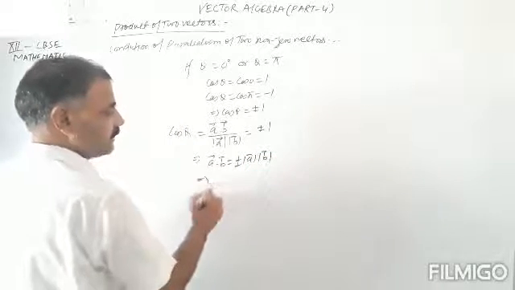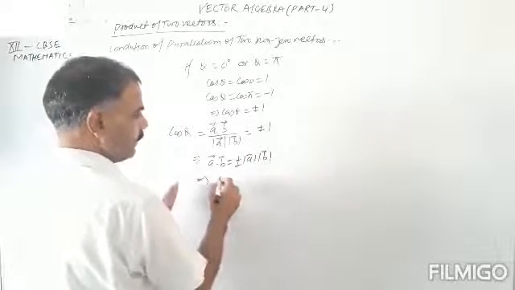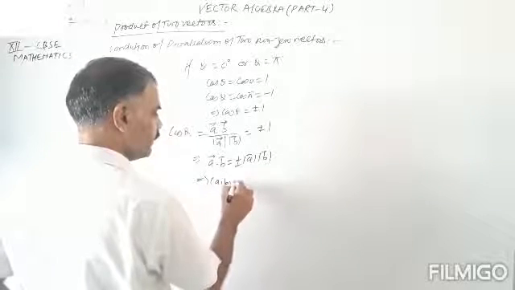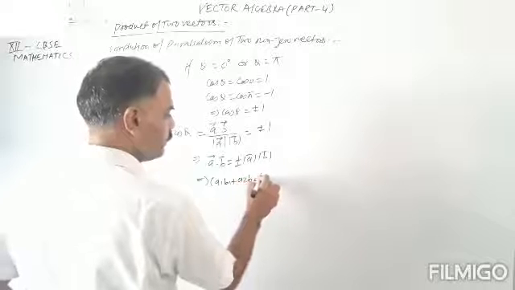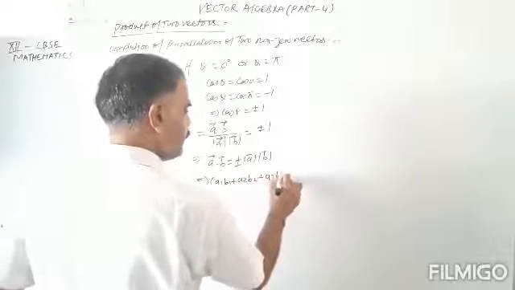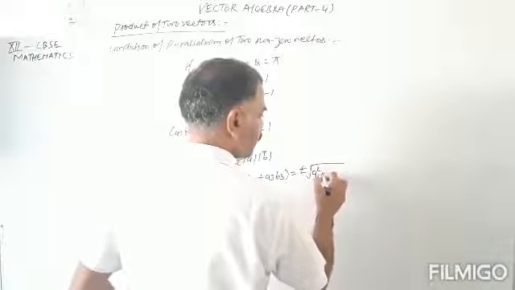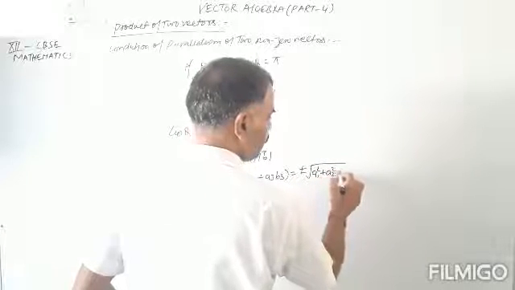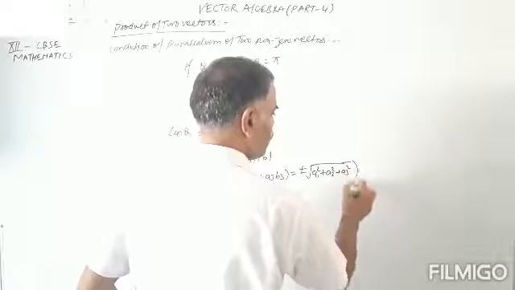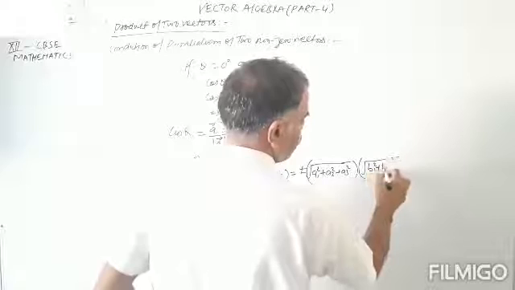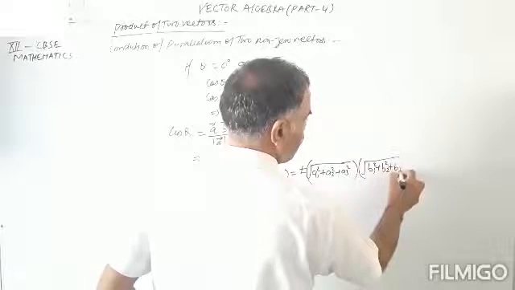We are having in component form a1 b1 plus a2 b2 plus a3 b3 is equal to plus minus under root a1 square plus a2 square plus a3 square multiplied by under root b1 square plus b2 square plus b3 square.